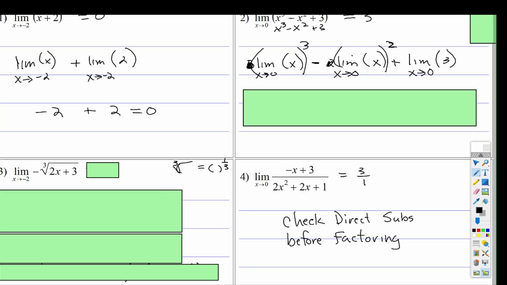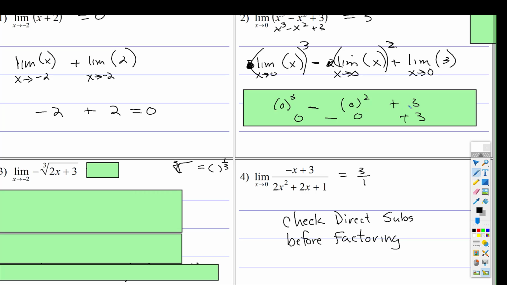The limit of x, the whole thing being cubed, is just going to be 0 cubed. Then this is the square of a limit, so when we plug 0 in, we have 0 squared. And then that's just the limit of 3, which is 3. Well, 0 minus 0 plus 3 is 3.